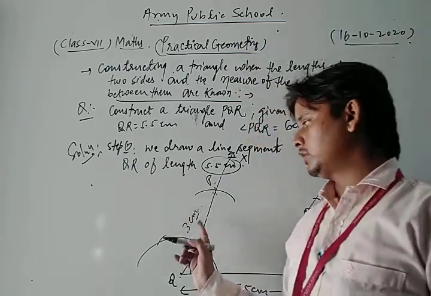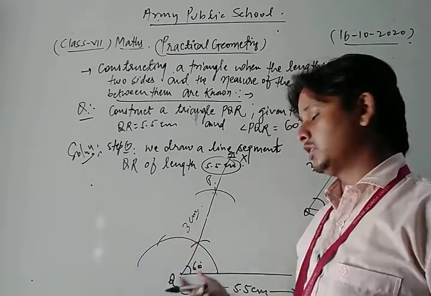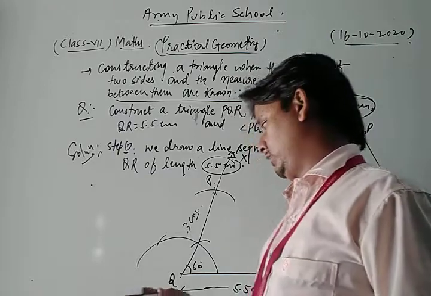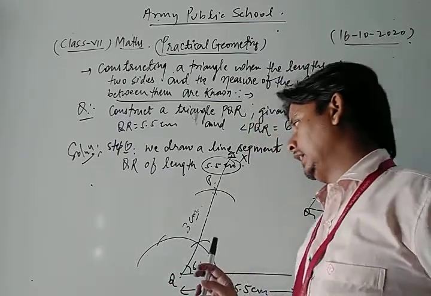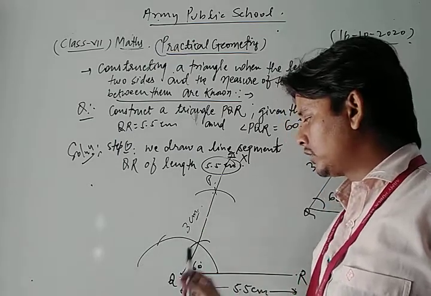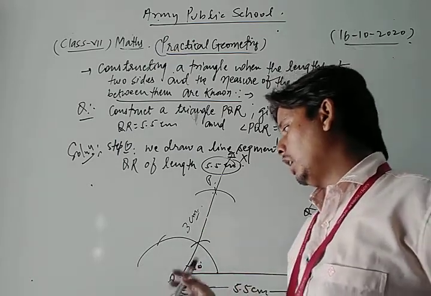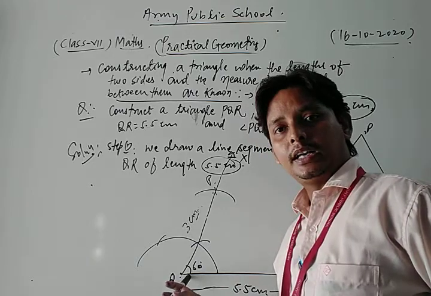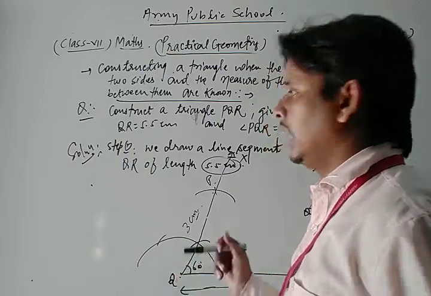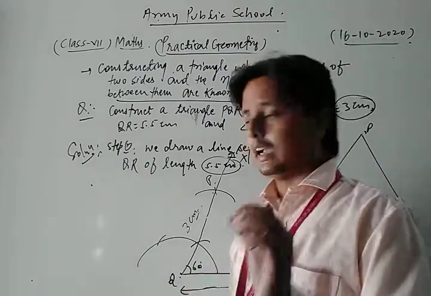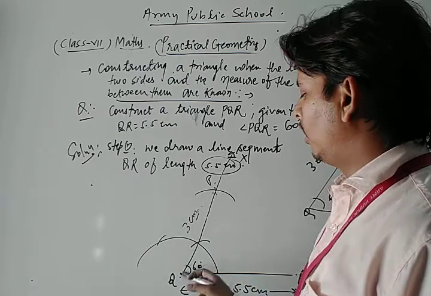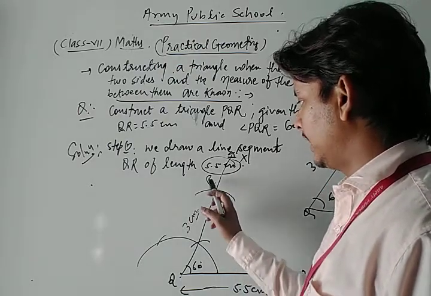After constructing the angle PQR, you take Q as center, put the tip of the compass at point Q, and taking the length 3 centimeter, you cut an arc which cuts the previous ray at point P.